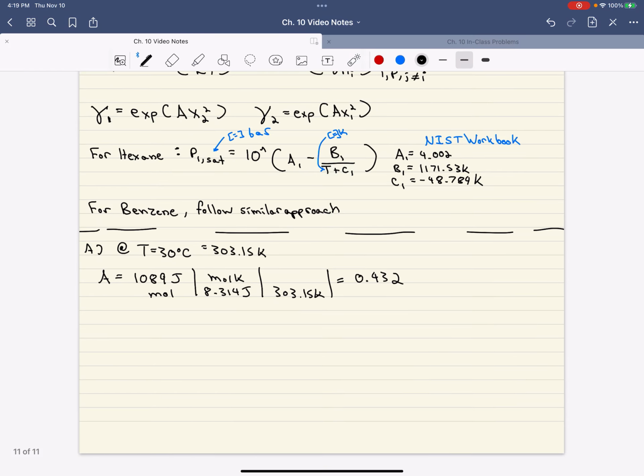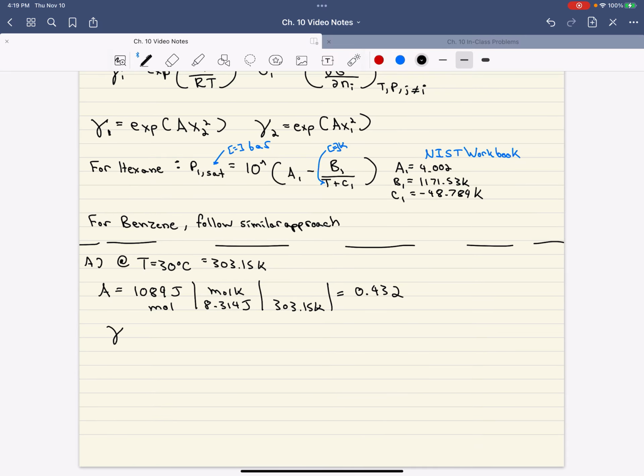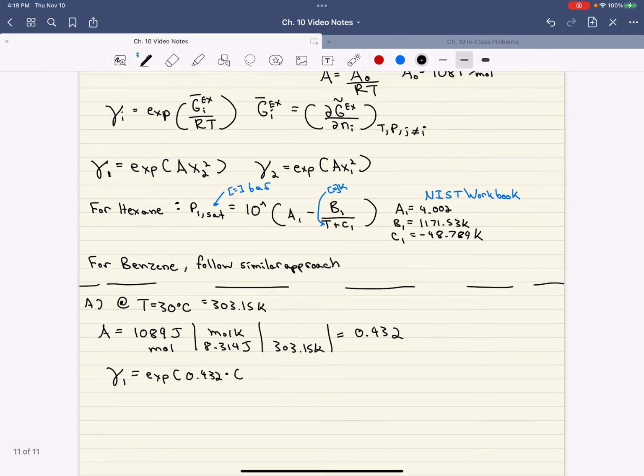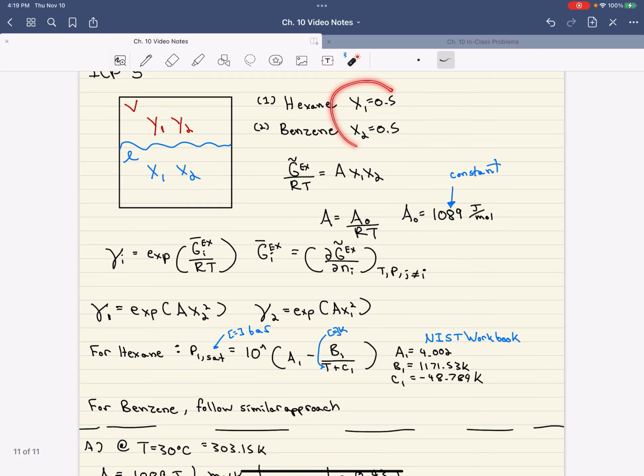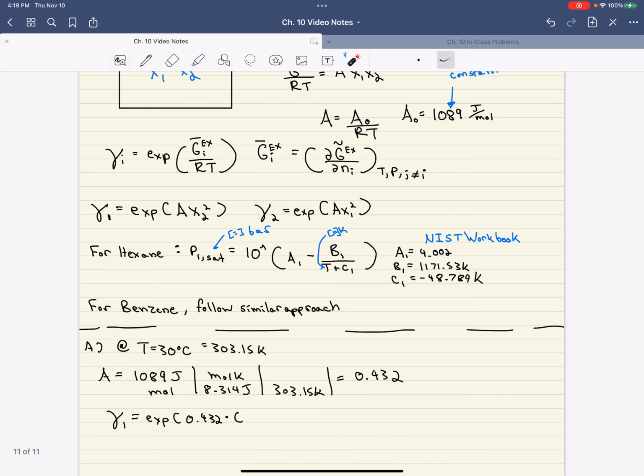Right. Now that we have A, we could calculate our activity coefficient, 0.432. We could plug in our mole fraction, which was dealing with this equimolar system. Our mole fraction, x2, is going to be 0.5. Remember, for gamma 1, it's going to be a function of x2.